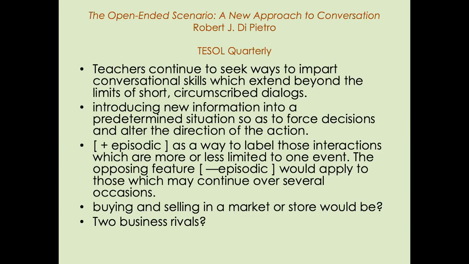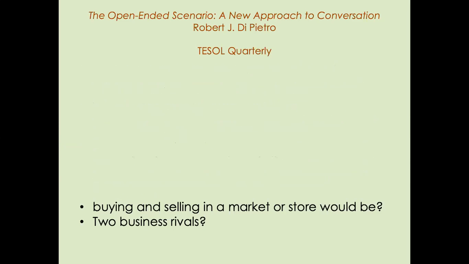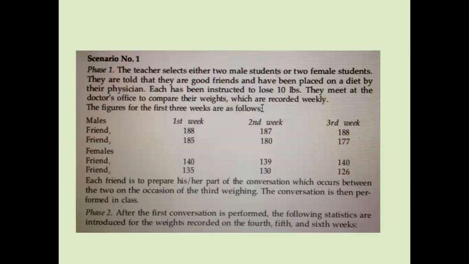So here's an example that the writer used, and it's pretty nice. Basically, he chose a scenario where two people have gone to a physician and they've been advised to lose 10 pounds.